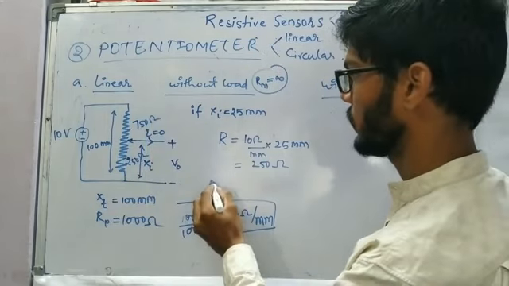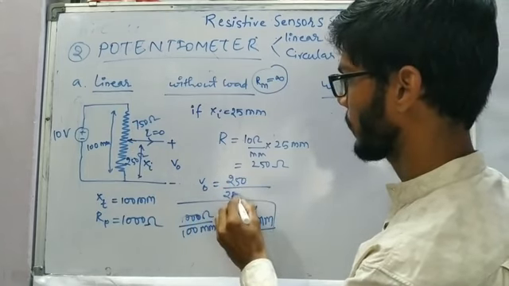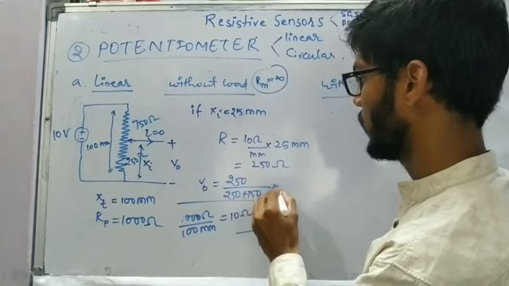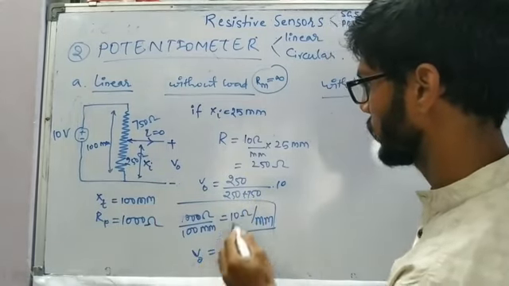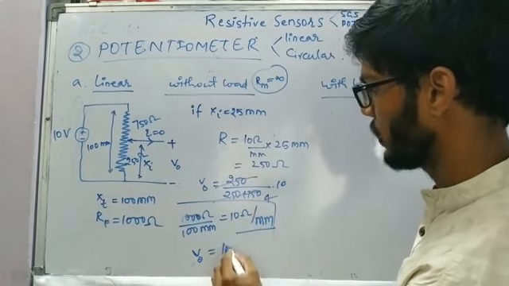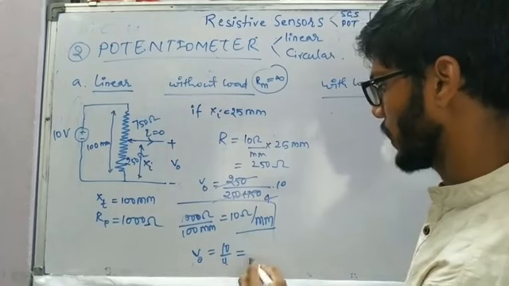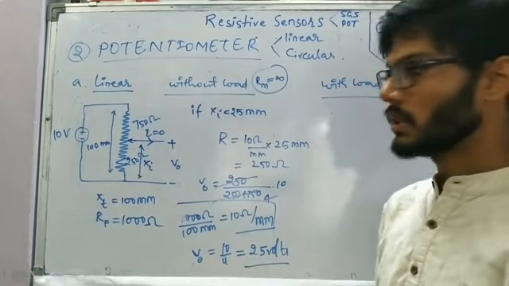Simple voltage division: V0 is equal to 250 divided by 250 plus 750 into the voltage, which is 10 volts. So V0 is going to come out as 250 divided by 1000, which is one fourth, times 10, so 10 by 4, which is 5 by 2, meaning 2.5 volts. So this is very simple.